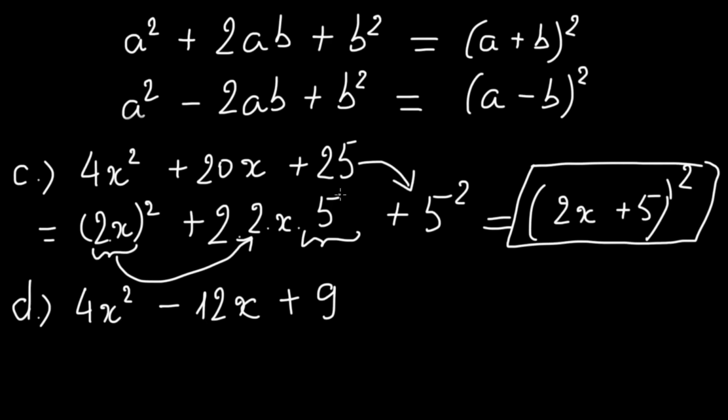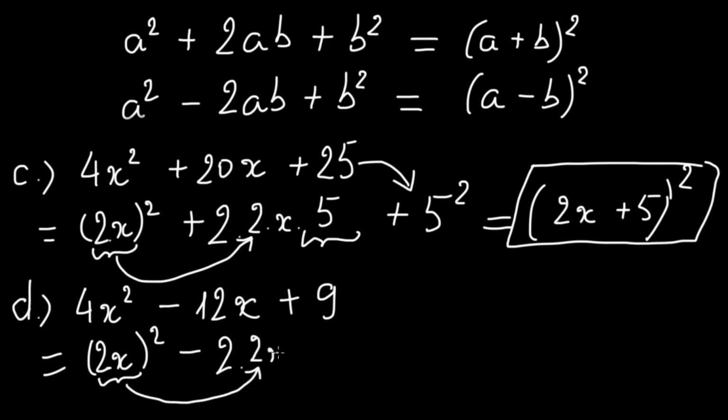So we try to rewrite: 4x squared equals 2x, all of them squared. Subtract 2ab, 2 times a, we put this one right here, 2 times a. 2x is a. And b, we need to know how to find b.